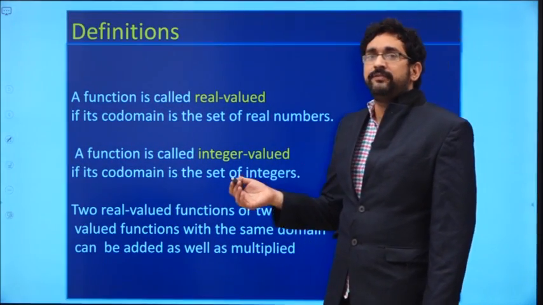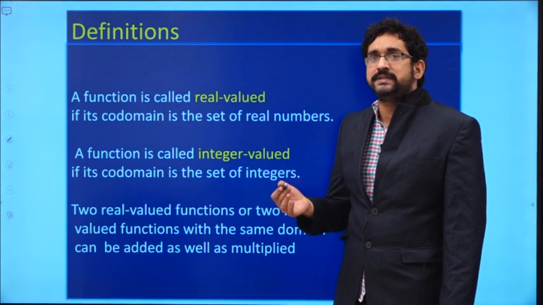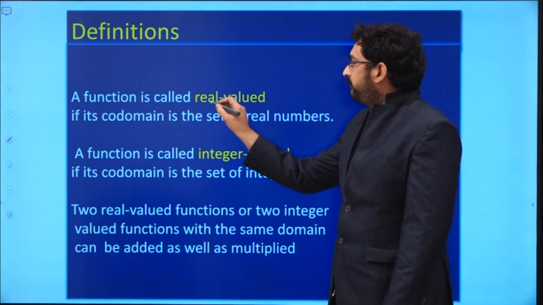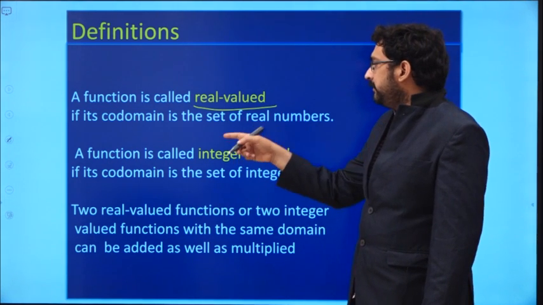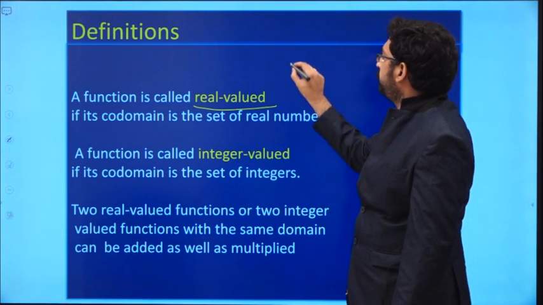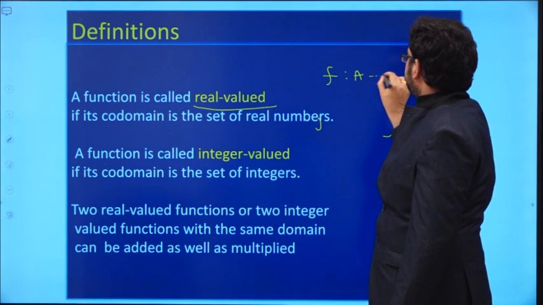Next, real valued function and integer valued function. So when can we say that a function is real valued? When can we say that a function is integer valued? A function is said to be real valued if its codomain is the set of all real numbers.